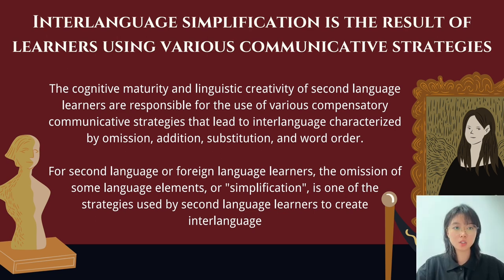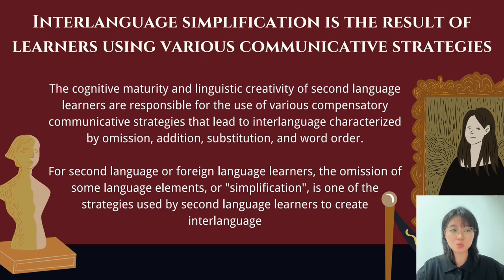For second language or foreign language learners, the omission of some language elements, or simplification, is one of the strategies used by second language learners to create interlanguage. Therefore, second or foreign language learners, like first language learners, use reduced language when trying to learn and communicate in the target language. What a learner actually simplifies is the task of learning and communicating in that language.